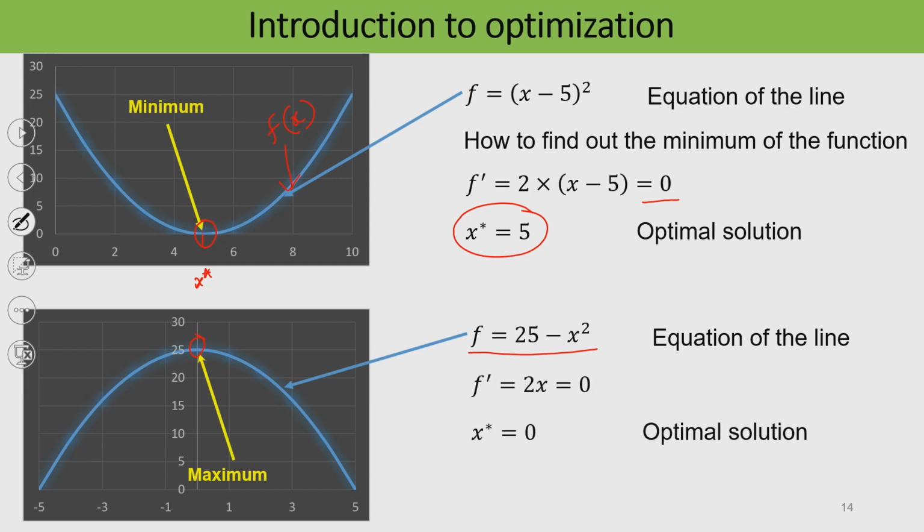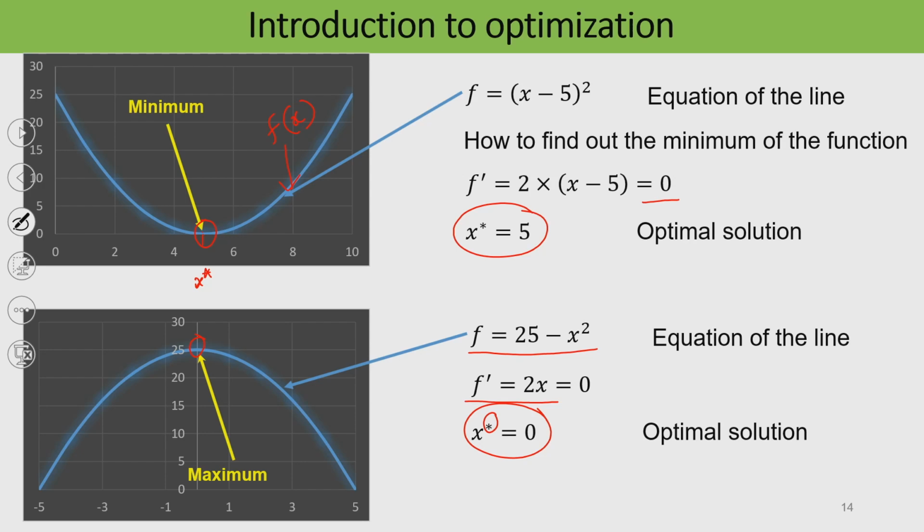So, what I will do is take the first derivative. The first derivative is minus 2x equal to 0, and if I solve it, I will get the solution, and that is x star. As I said, we put a star to denote the optimal point. X star means an optimal point, which is either a minima or maxima, or maybe an inflection point.